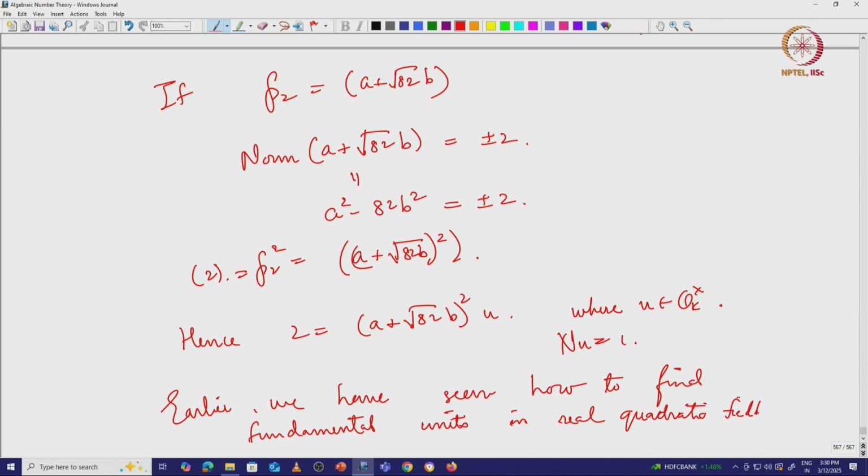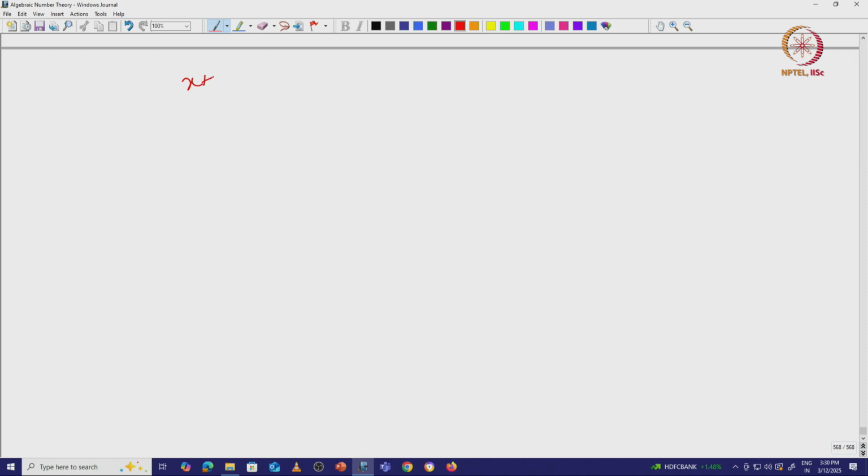We just find x plus square root of 82 y such that the norm of x plus square root of 82 y is plus or minus 1, and y is the smallest possible positive integer.